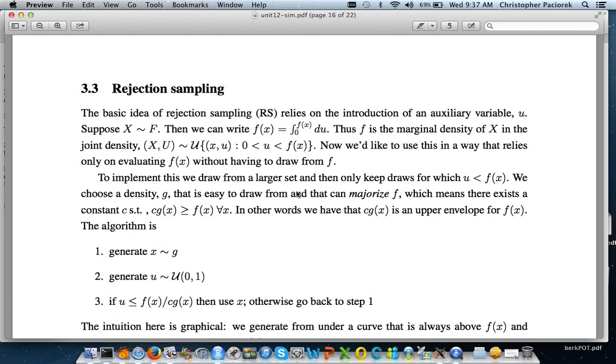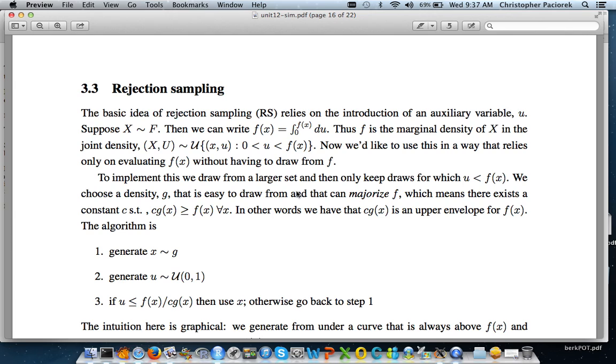So now what I would like to do with the remainder of the unit is just talk about a few different sampling methods that are available to us if we can't easily generate from some density of interest. So the idea is we have some density f, and we can write down and evaluate that density f for any given input x. So we could, for example, make a plot of this density by just evaluating f at some grid of points.